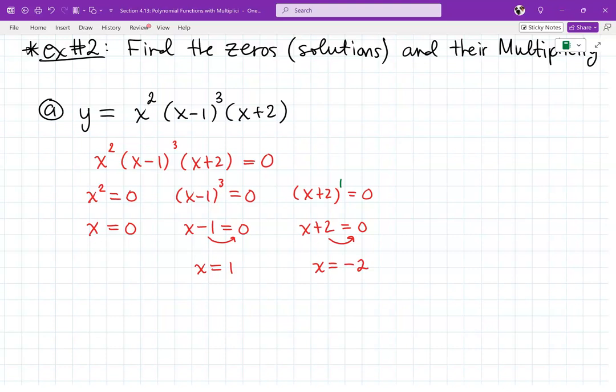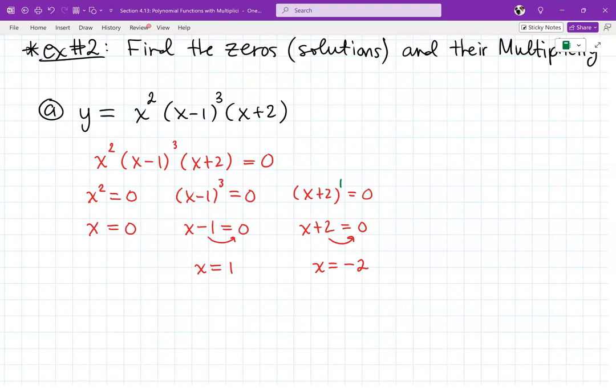That means that 0 counts for 2 solutions. Now, I also solved for x equal to 1. Look up. What was the power on the statement for x equal to 1? 3. That means that the value of 1 has an answer of 3 occurrences. So I have 2 zeros, I have 3 1s, and how many times does negative 2 happen? Just once. That's 6 solutions. 6 total answers. I know I only found 3, but it's because some of them have multiplicity. That means they occur more than once.